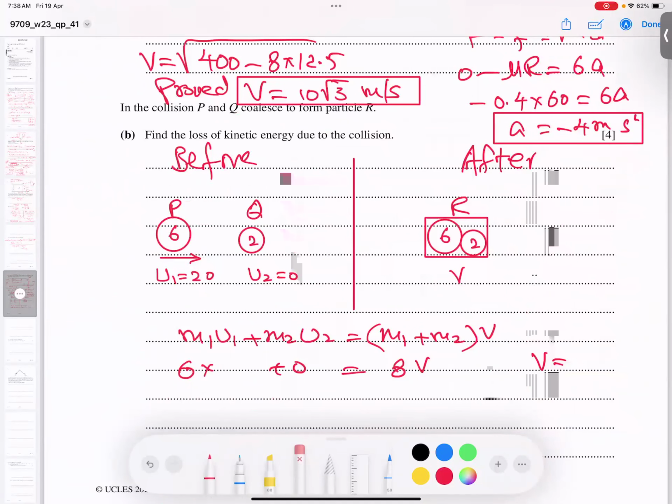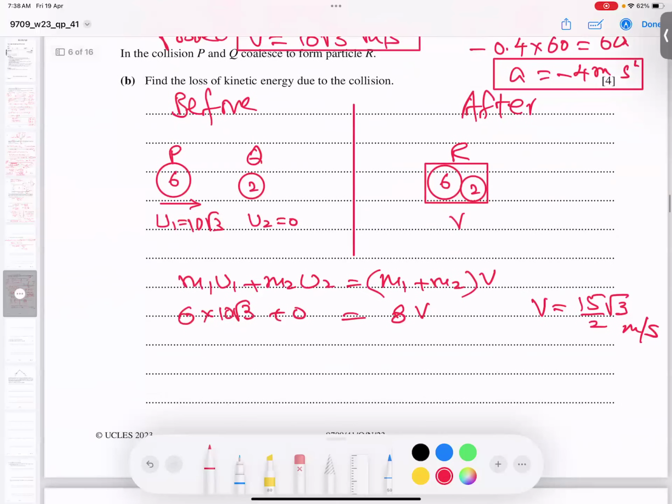This is 10 root 3, just before hitting. So now, students, what do I get? 60 root 3 divided by 8. And I get 15 root 3 divided by 2 meters per second. This is the velocity of our particle.